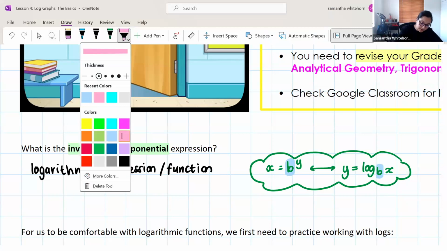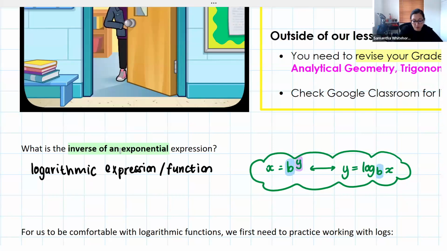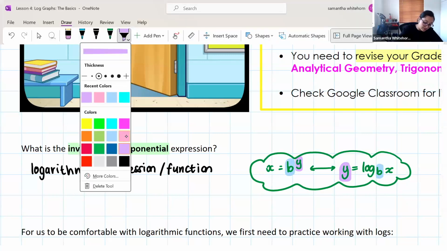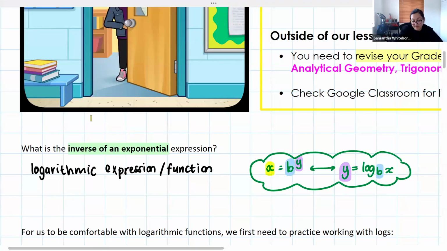The exponent of your exponential expression equation is the answer to your log equation. And the answer to your exponential equation is then the value of your log expression. So log base, whatever the answer would have been. So they all match up together.